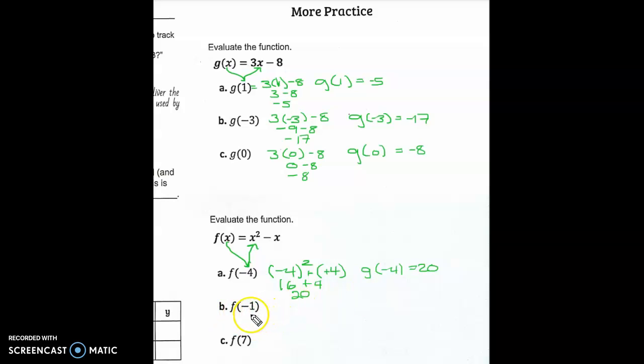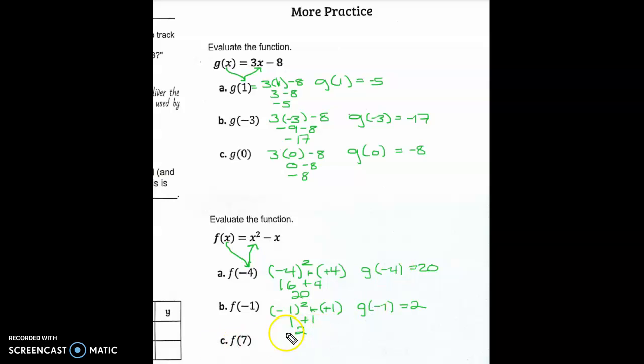F of negative 1, that means I'm going to substitute negative 1 in next. So I'm going to have negative 1 squared minus, and then I have a negative 1. Negative 1 squared is 1. My double negative turns to a positive, so I will be adding 1. And 1 plus 1 is 2. So f of negative 1 equals 2.